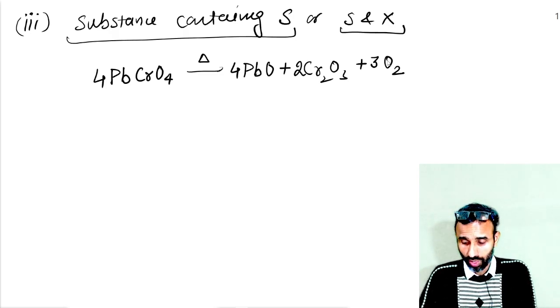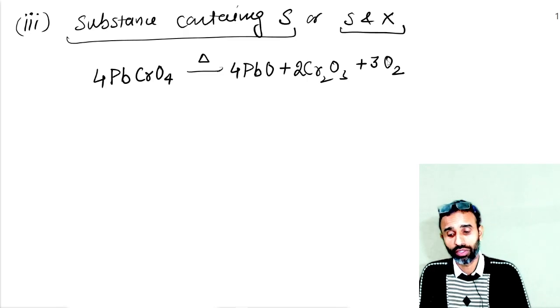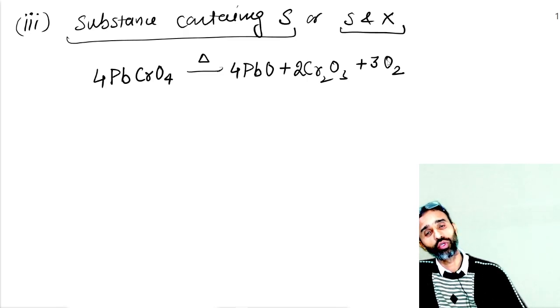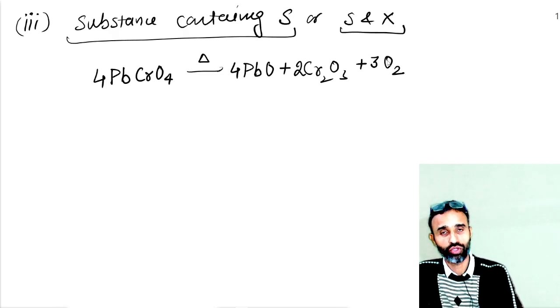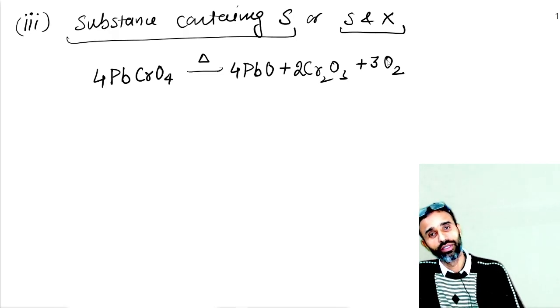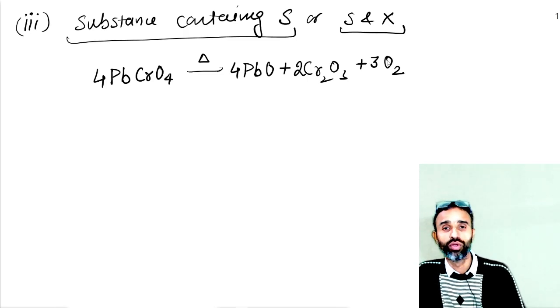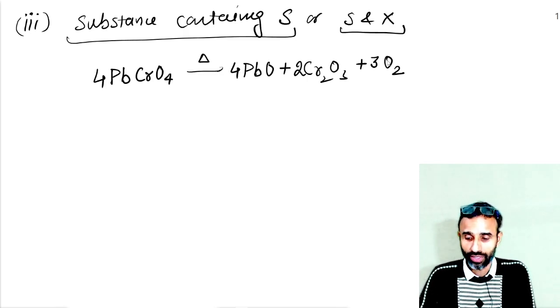So here, even if we are not using cupric oxide, it will serve the purpose, because it will give oxygen that will convert carbon into carbon dioxide and hydrogen into water. At the same time sulfur is converted into sulfur dioxide.